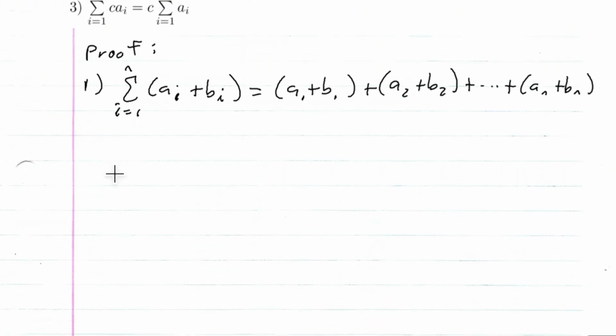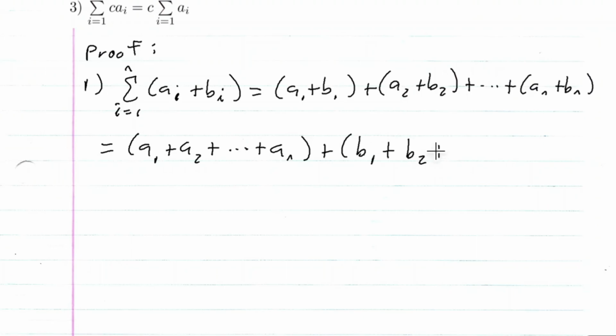And of course, using the associative property, we can change this to a sub 1 plus a sub 2 plus dot dot dot plus a sub n, plus, and then we'll put all the b's together, b sub 1 plus b sub 2 plus dot dot dot plus b sub n.